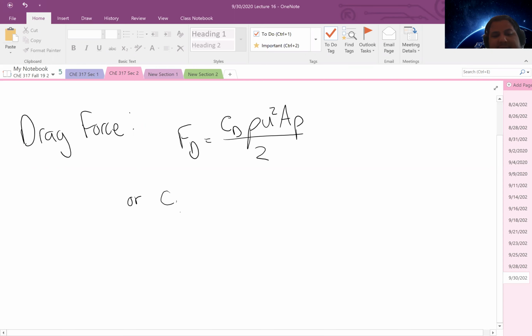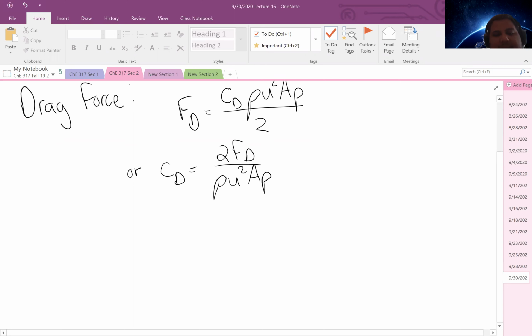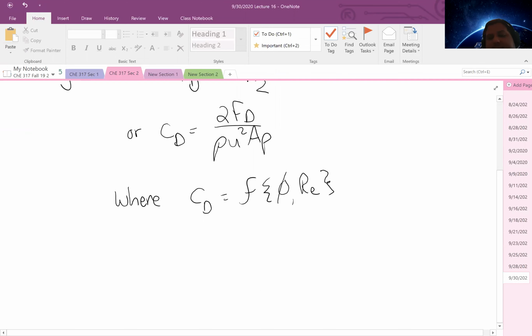Or if we're looking for our drag coefficient, we can rearrange the expression like so, where we said that the drag coefficient is a function of our sphericity and our Reynolds number, given our sphericity is a function of our particle volume, the particle surface area, and the particle diameter or characteristic length.